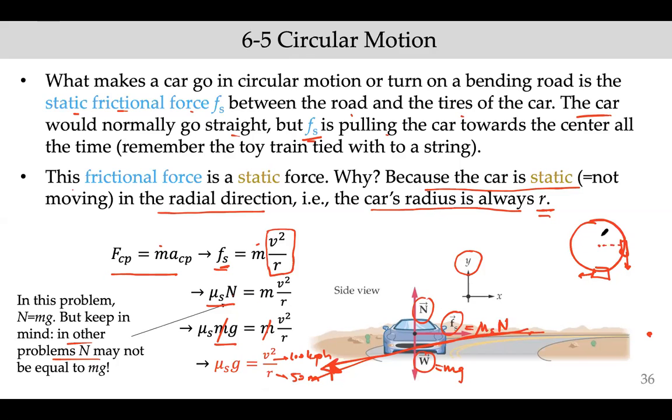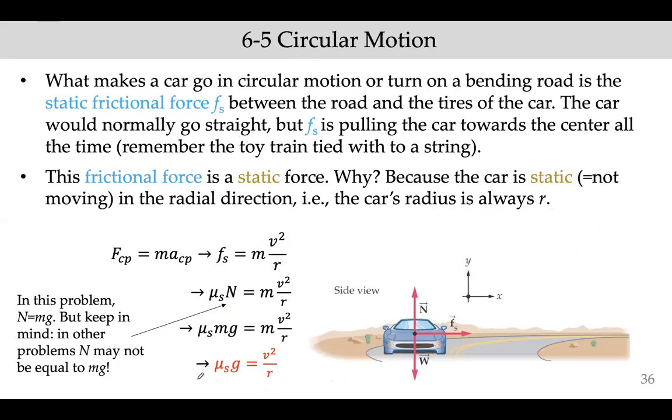So think about a circle with radius 50 meters. g is known, it's 9.8. So if these are the conditions, and you want people to be able to drive 100 kilometers per hour for this radius, then you can find from here what the static friction coefficient should be between the road and the tires.